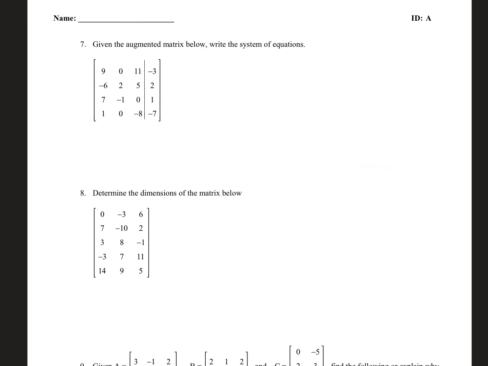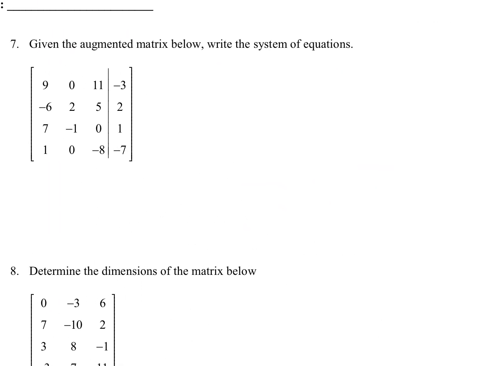For your next one, we're going to give the system of equations for the augmented matrix that's given to us. This is number 16 from your review. So you have an x column, a y column, a z column, and an answer column.